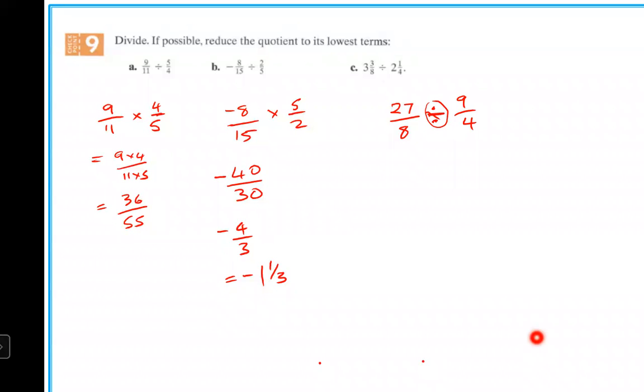Now you can convert. So it's going to be 27 over 8 times 4 over 9. I didn't hear you. 4 over 9. It's breaking up. 4 over 9... 108 over 72.